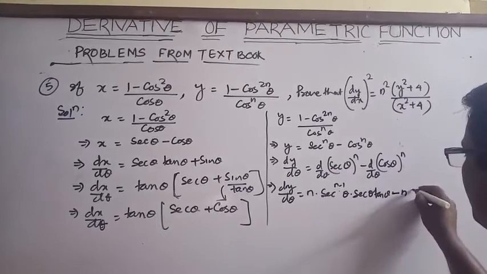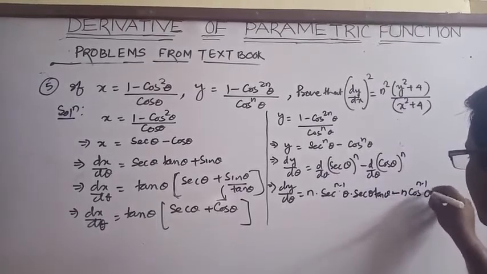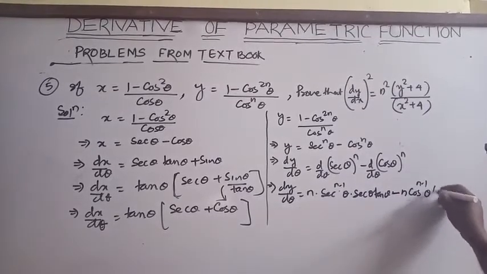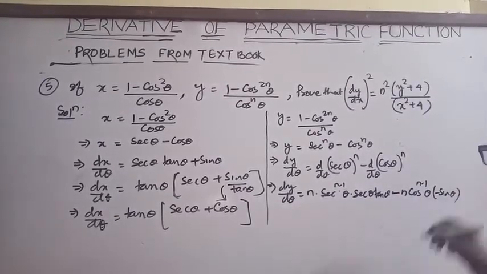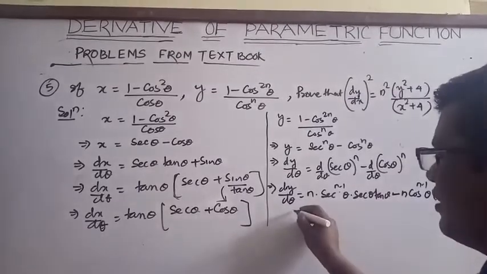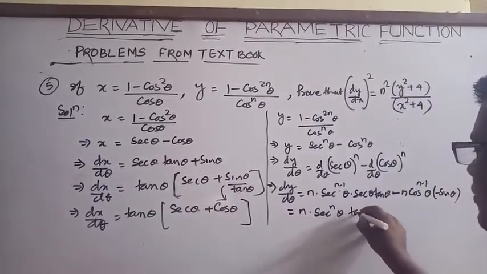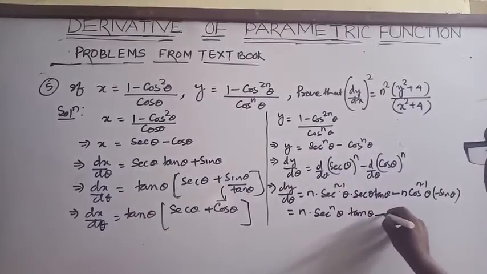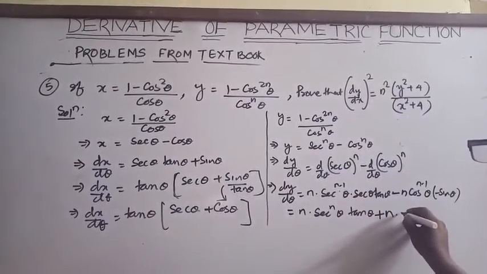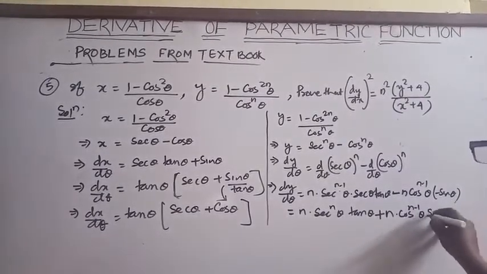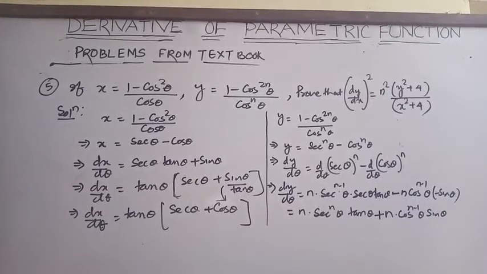Minus n into cos to the n minus 1 theta into the derivative of cos theta, meaning minus sin theta. So this is equal to n into sec n theta into tan theta plus n into cos to the n minus 1 theta into sin theta. Okay, the derivative of cos theta is minus sin theta, minus times minus gives plus.